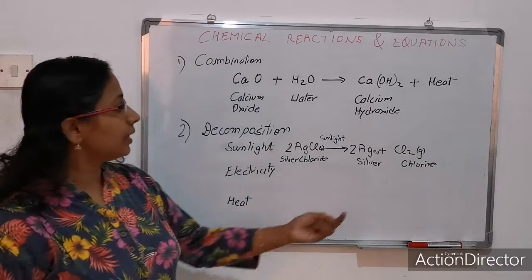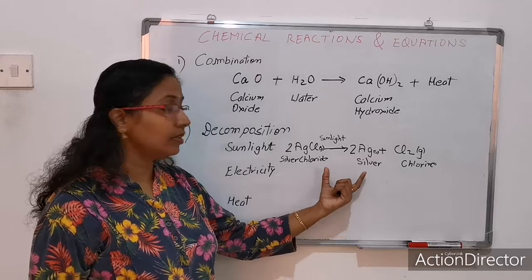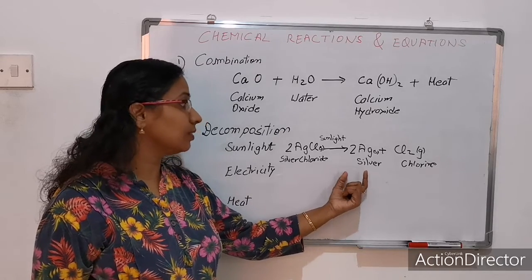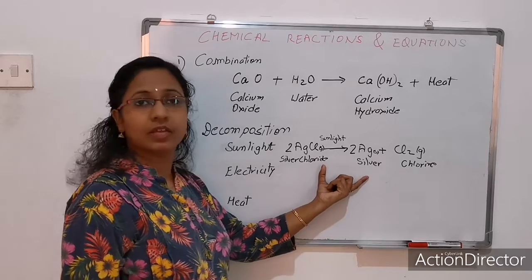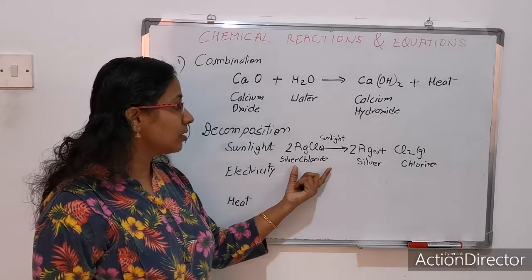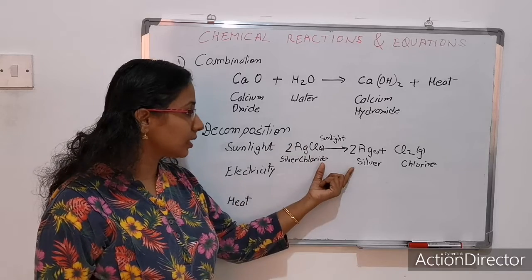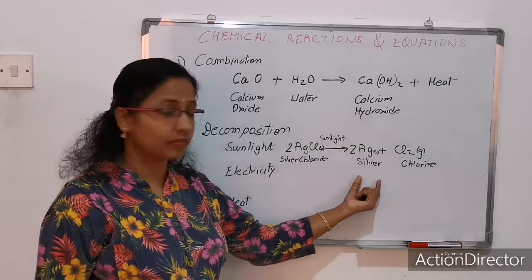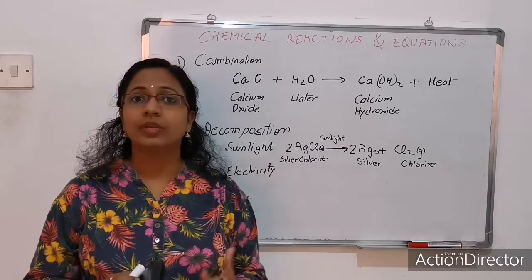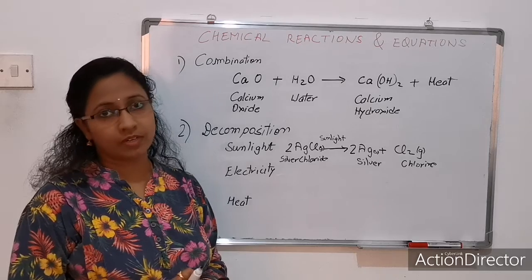I have taken this reaction because many times it is asked how, in the presence of sunlight, you get this color. Silver chloride is white and silver is grey. So how do you get silver from silver chloride?